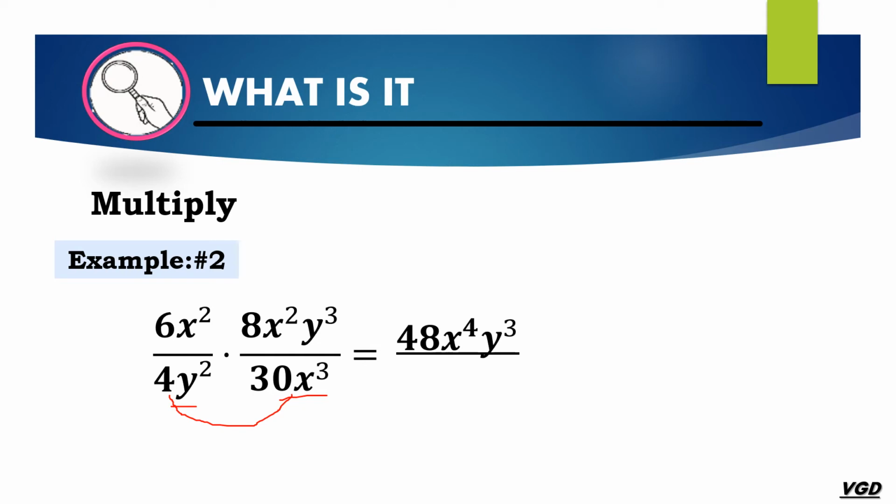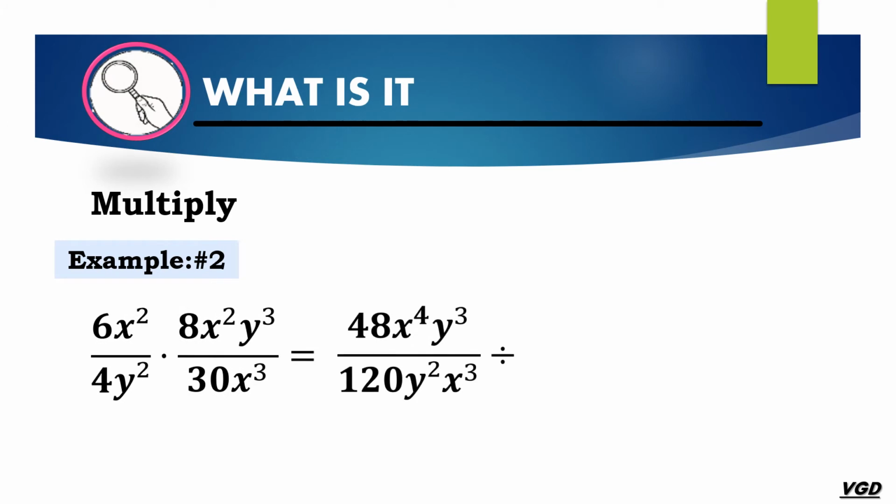So we have here 4 times 30 is equal to 120 y squared x cubed. So our answer is 48 x to the power of 4 y cubed over 120 y squared x cubed.